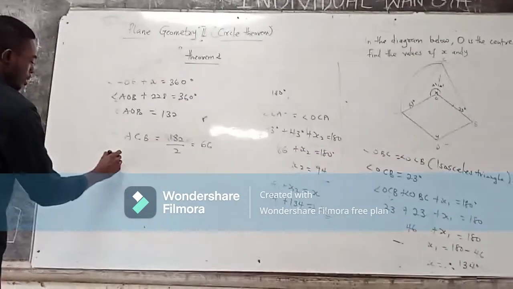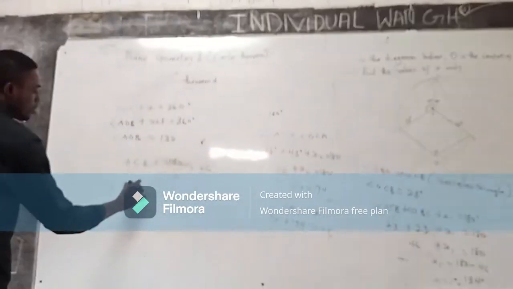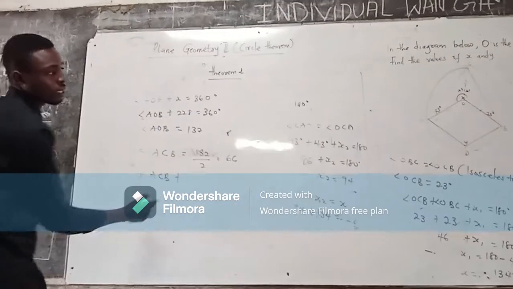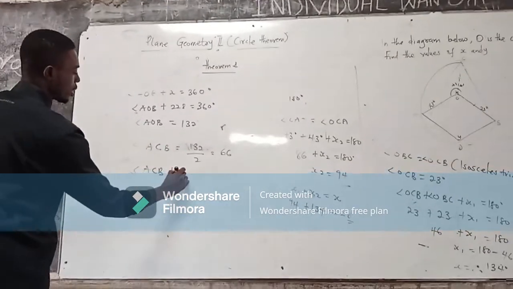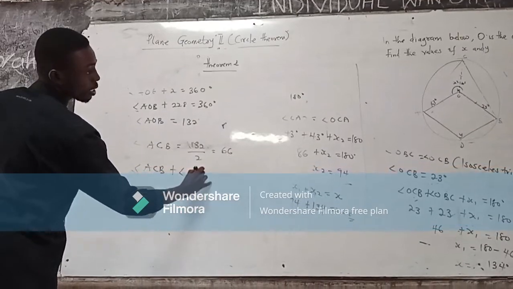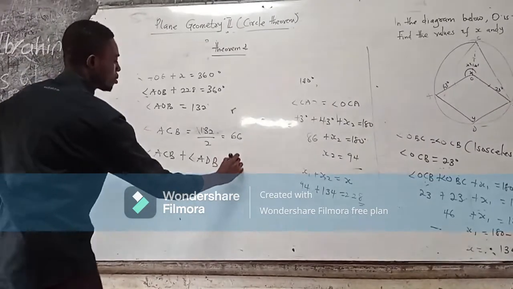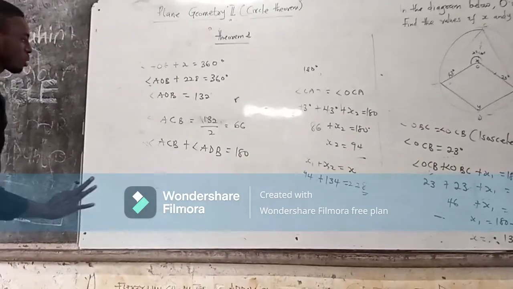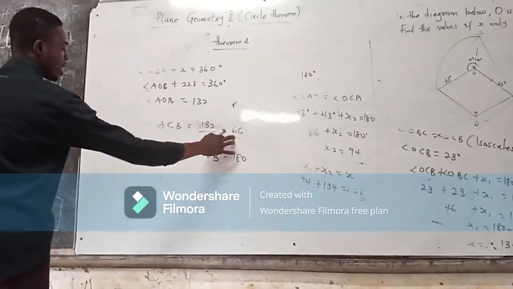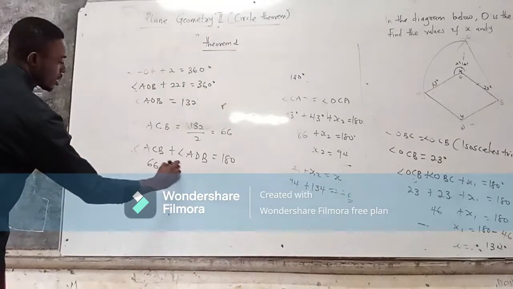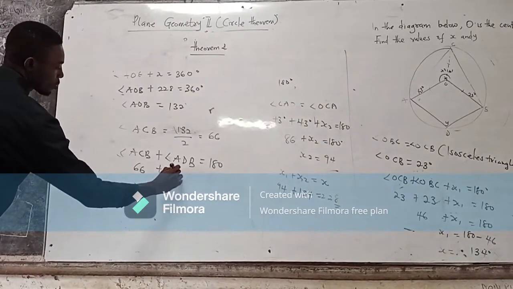So now that we have angle ACB plus angle ADB, they should sum up to 180. That's what the rule is saying. So if we have here to be 66, then we have to find this.